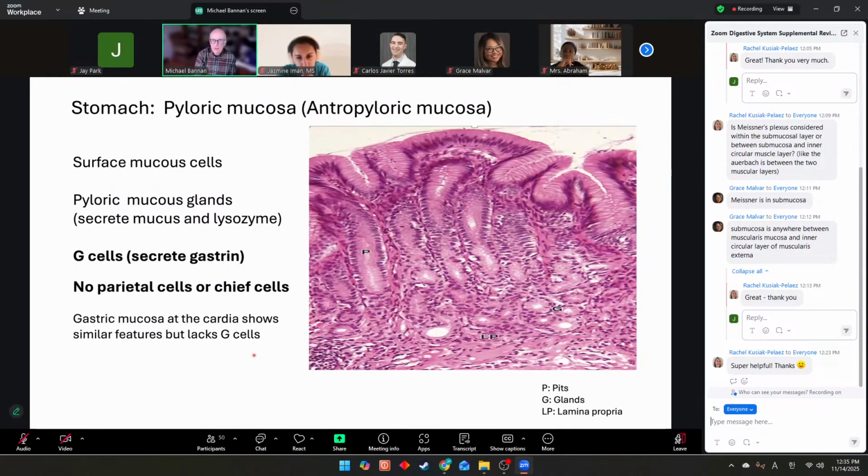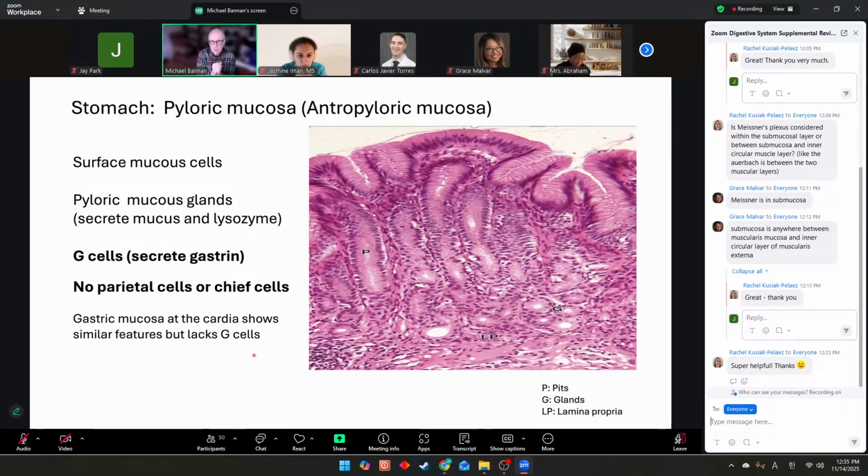Now, I told you that there are different types of mucosa in the stomach, and we've been focusing on the most complicated one that covers most of the stomach, the oxyntic mucosa that covers the fundus and the body. Now, the other type of mucosa is illustrated here, and this is an example of the mucosa that covers the antrum and the pylorus, sometimes referred to as the antropyloric region of the stomach, but a very similar mucosa covers the cardia, the very narrow zone just beneath the gastroesophageal junction.